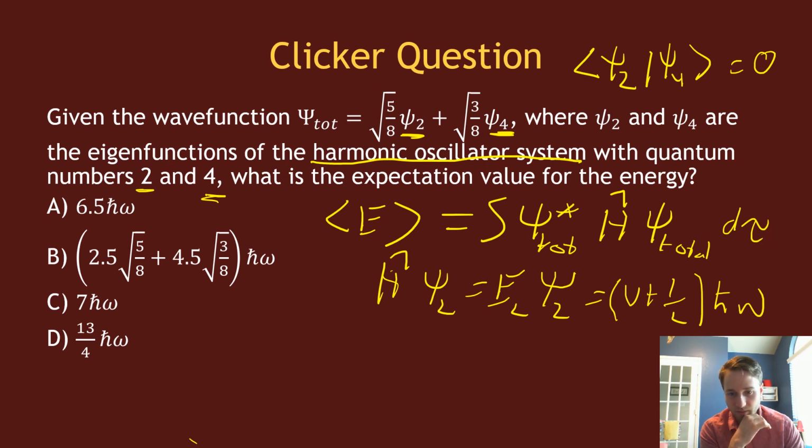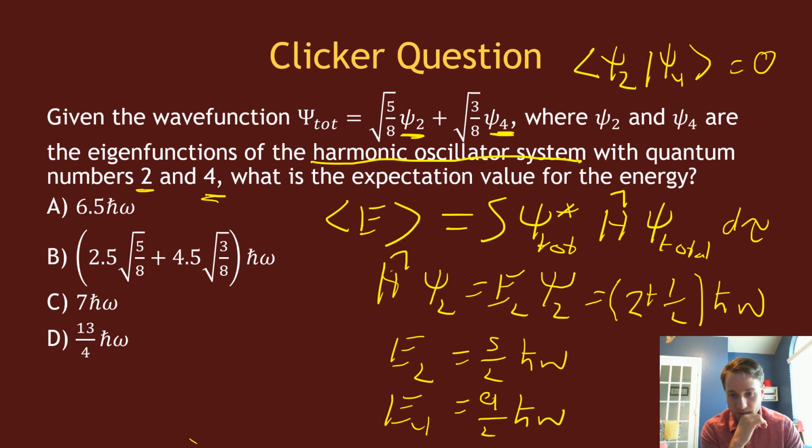And instead of v here, let's plug in the actual number, which is 2. So E2 is equal to 5/2 h bar omega, and then E4 is equal to 9/2 h bar omega.